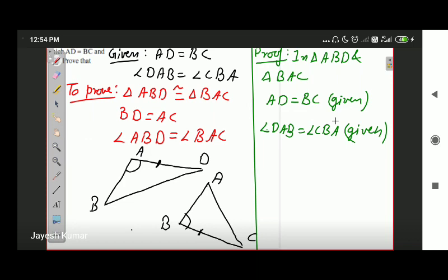In case of angle, we will want angle C and angle D as equal angles. Okay, because then we will easily apply ASA congruency. But in case of side, we will require side AB and side BA as equal. Now, if you can observe, AB and BA are essentially of the same length. AB, I can say AB or I can say BA, both are essentially of the same length because they are common sides.